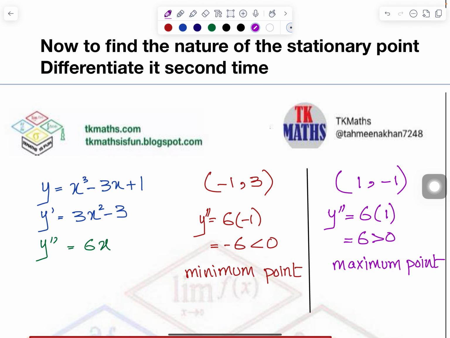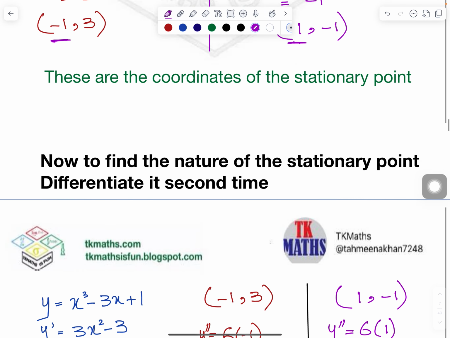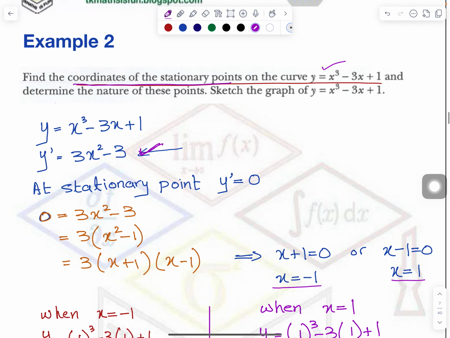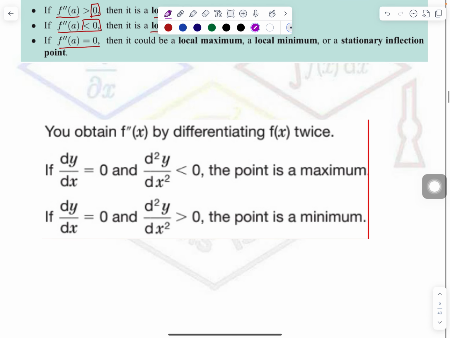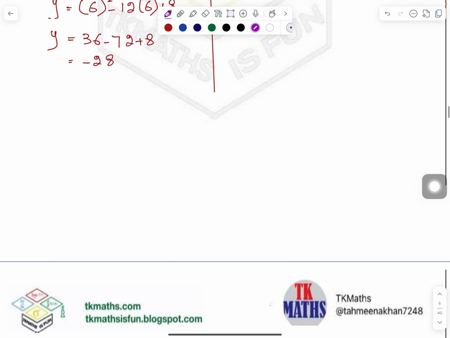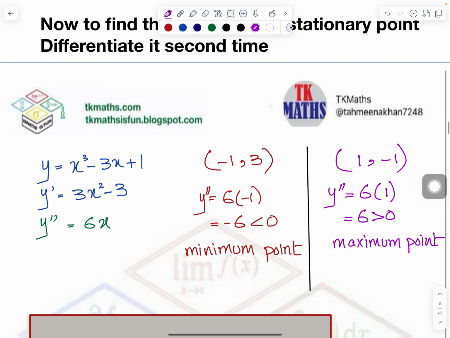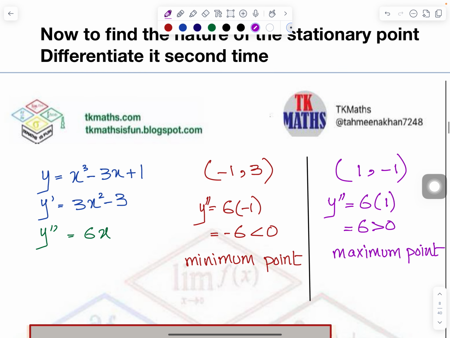And when it is greater than 0, it is maximum point. Now if you see here, I wanted to tell you here, what is written here? When the double derivative is negative, then it is maximum, right? So what should it be?